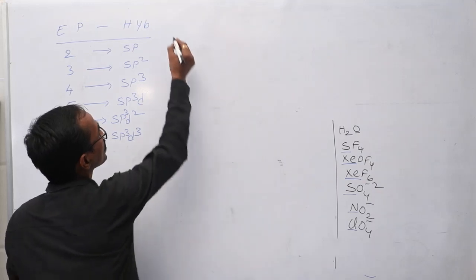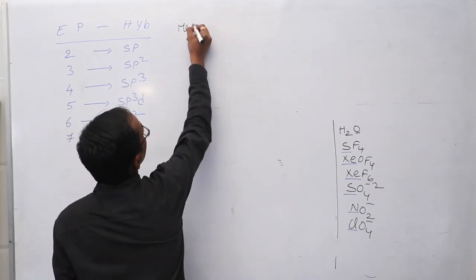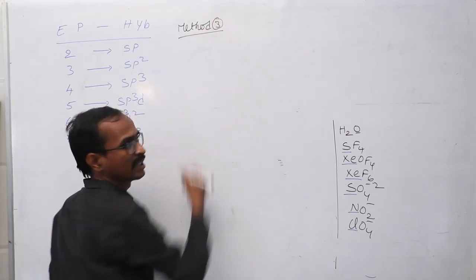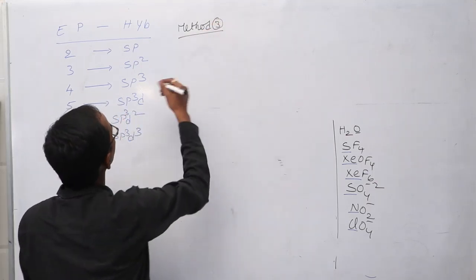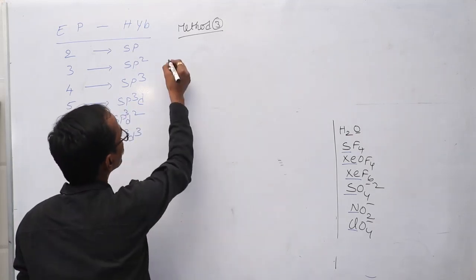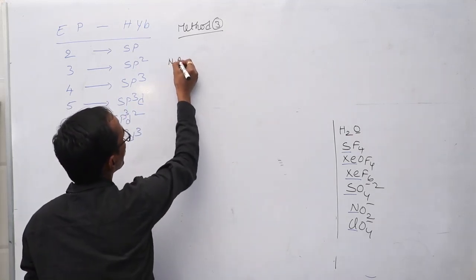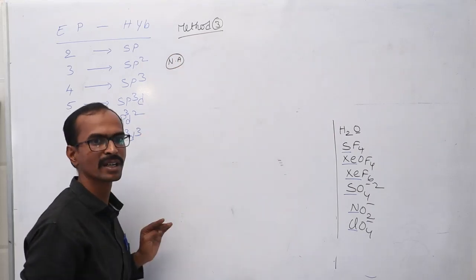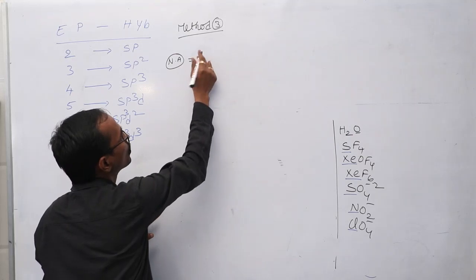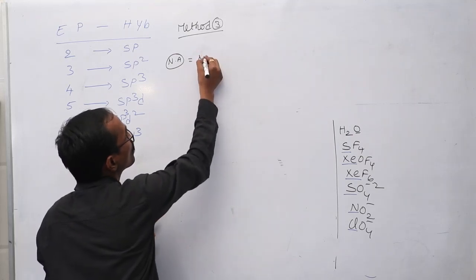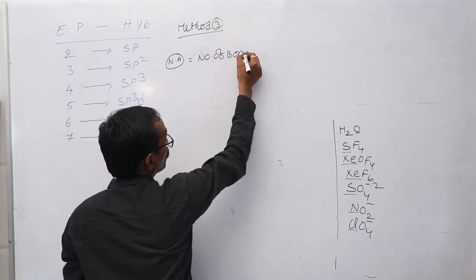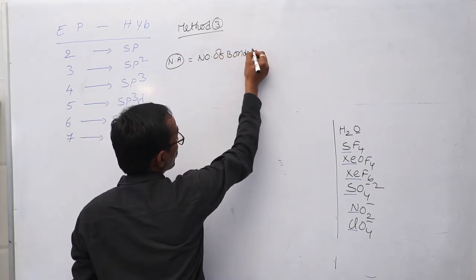So let us discuss the third method for the identification of the hybridization. Okay. So what does that mean? Simply, that is also based on the electron pair number only. How to calculate the electron pair number: if a neutral atom is given, this you have to remember. If a neutral atom is given, electron pair number is equal to the number of bonded atoms, they may be monovalent, divalent, that and all unnecessary for us.